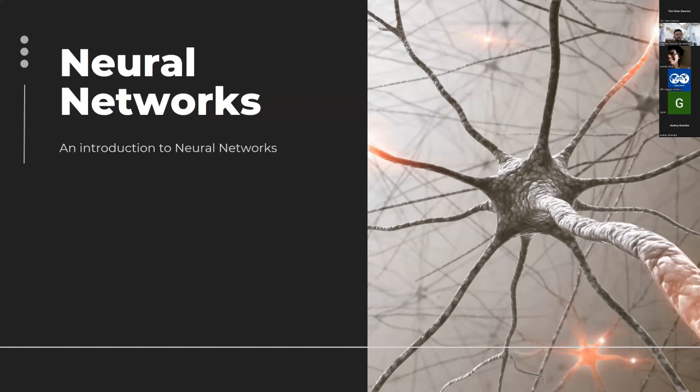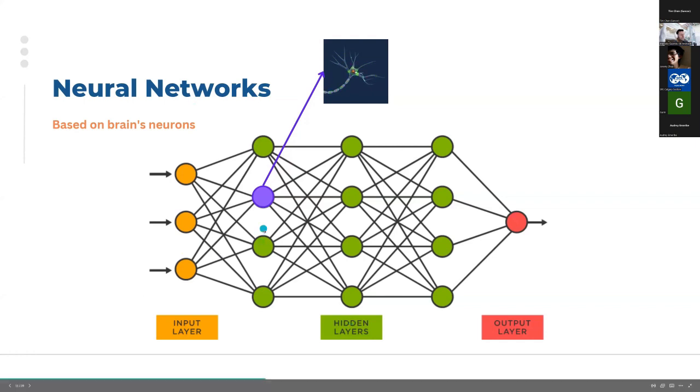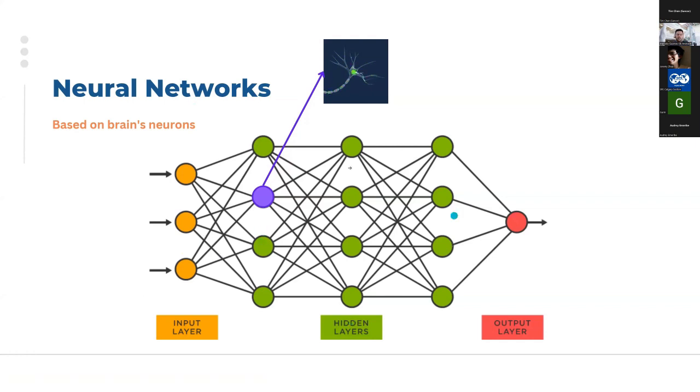A neural network is a method that is kind of based on our brains, neurons, where we make predictions by connecting our features to those hidden layers and making calculations inside here to do a prediction.